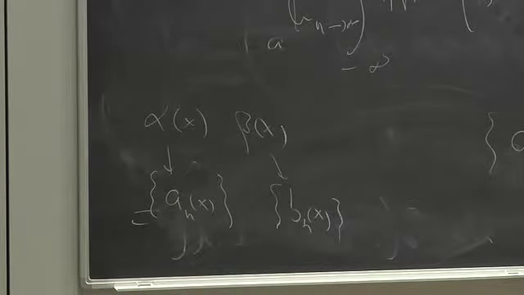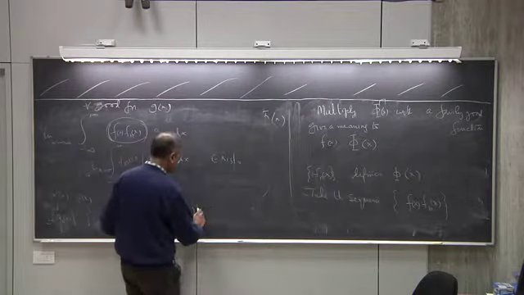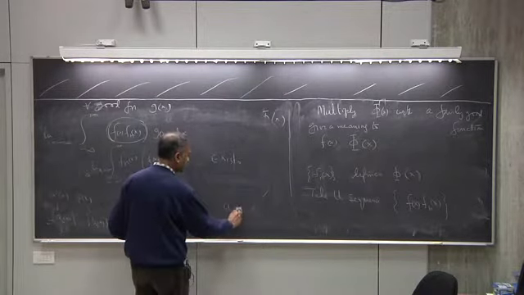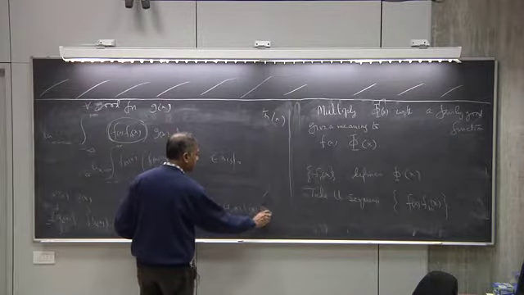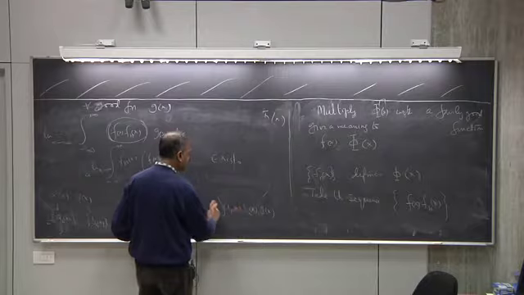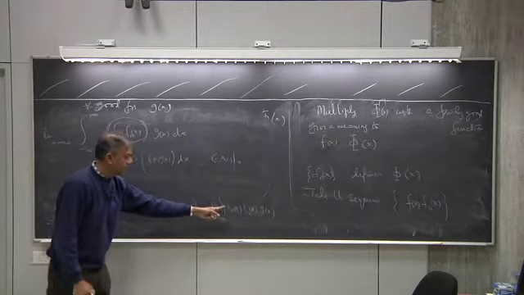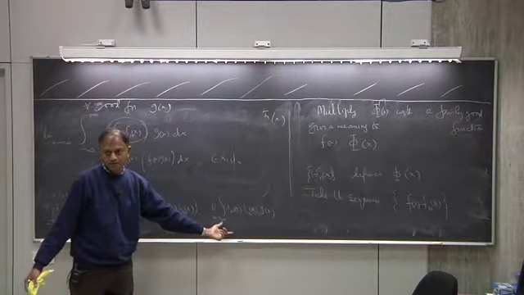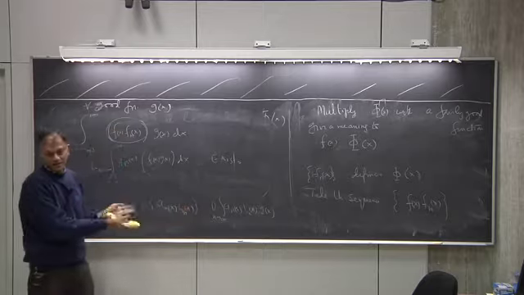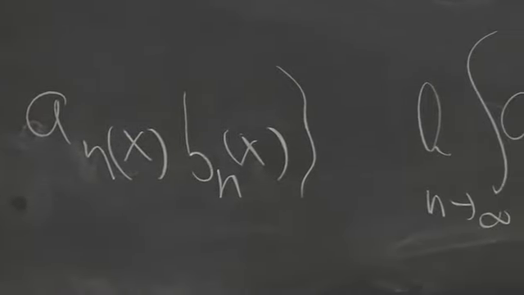You cannot show anything, because you would have to show that the integral of a_n(x) b_n(x) g(x) has a limit. This is not guaranteed by the fact that the individual a_n and b_n have limits; the product may not have a limit. So you cannot say anything about this product of generalized functions. It's not simply defined.